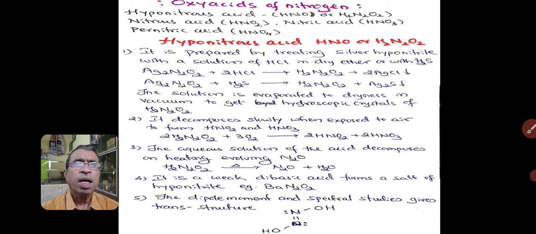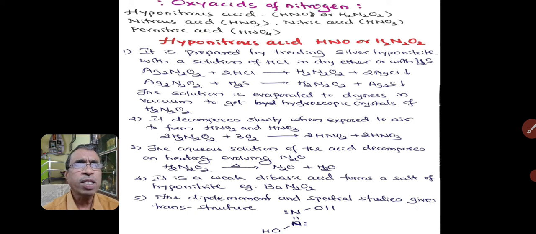Coming to the hyponitrous acid, it is prepared by treating silver hyponitrite with a solution of HCl in dry ether or with H2S. So, when silver hyponitrite, that is Ag2N2O2, is treated with 2HCl, it gives H2N2O2 and 2AgCl.